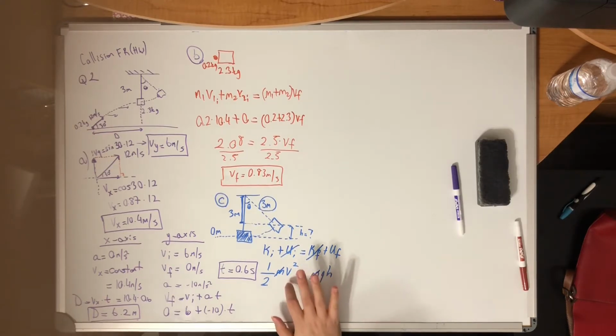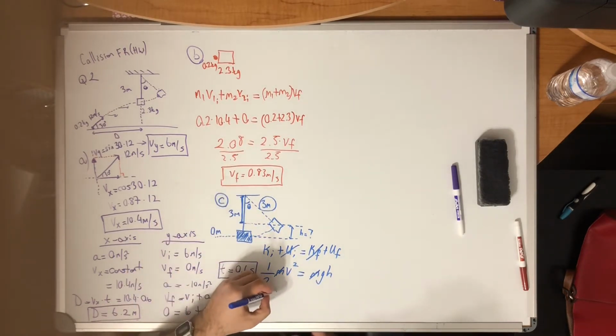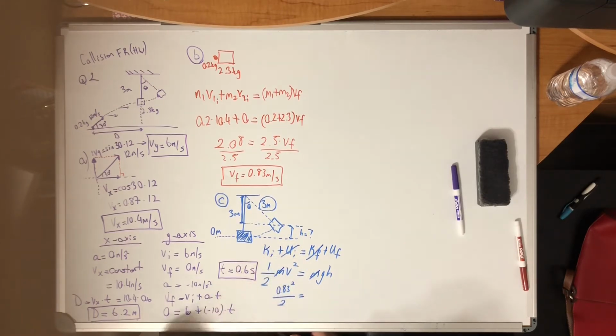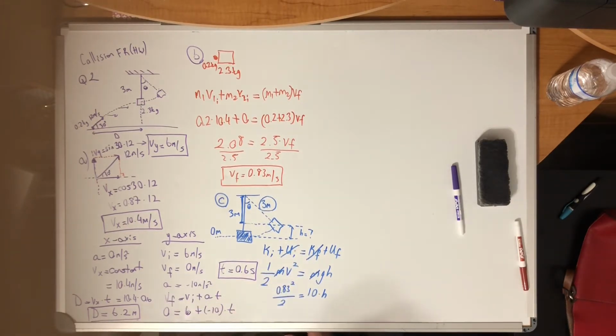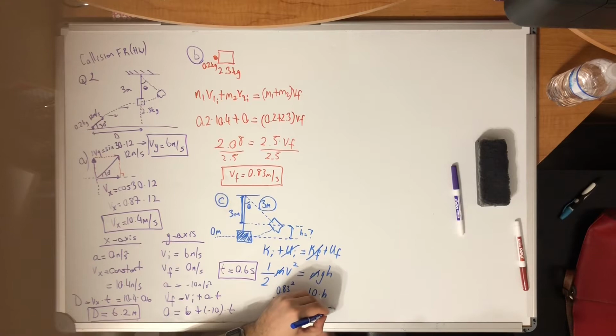My initial velocity is this guy, so 0.83 squared divided by 2 must be equal to 10 times height. If you do the math, take the square of this, divide it by 2, divide both sides by 10, then you will find your height as 0.035 meters.